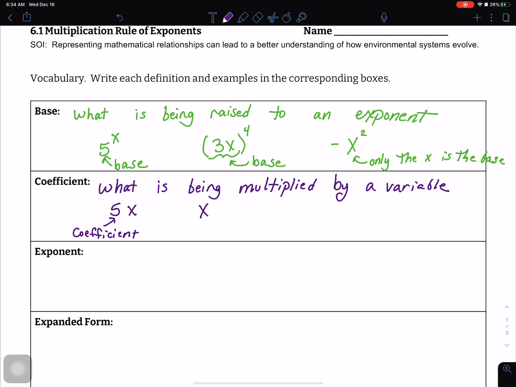If I just have x, my coefficient is 1. Or a negative x, coefficient is negative 1. Should have made a chart, then I didn't have to write coefficient as much.